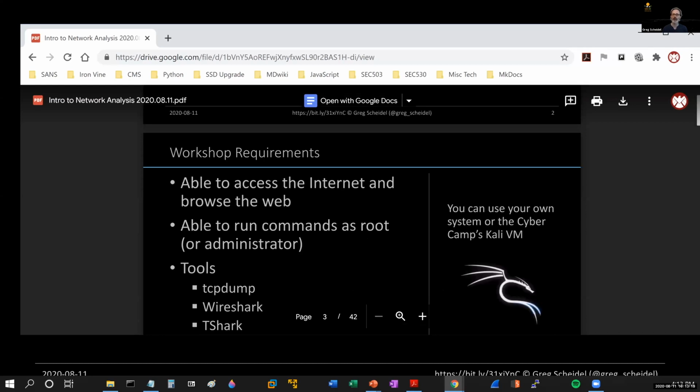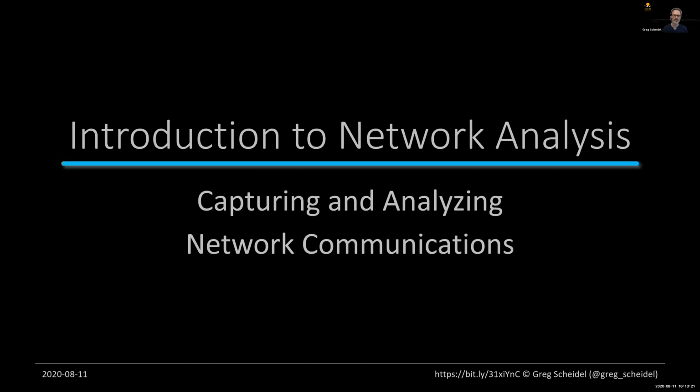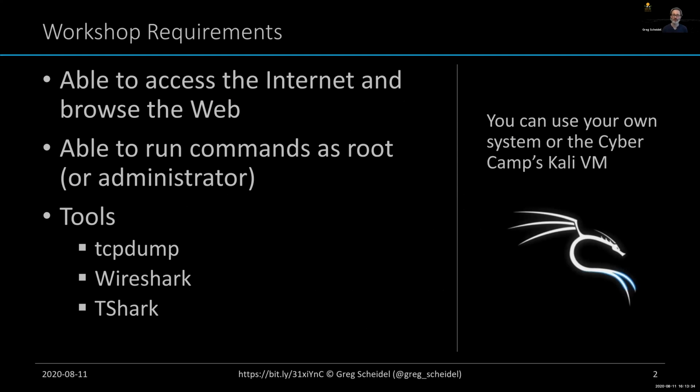But getting back to the actual presentation here, the workshop requirements when you go through the work, whether it is today or later, here are your basic system requirements. It's pretty straightforward. You need to be able to browse the web, run commands as root or administrator on your system, and have those tools listed there installed: tcpdump, Wireshark, and tshark.